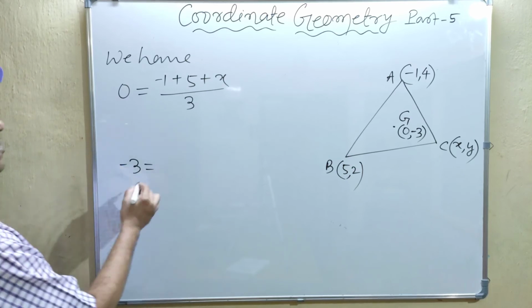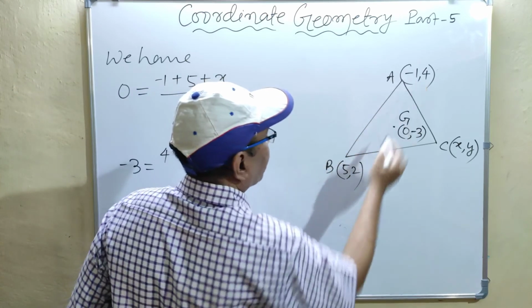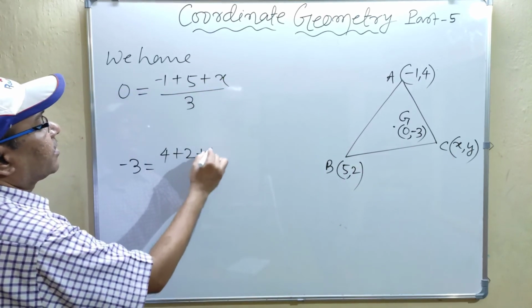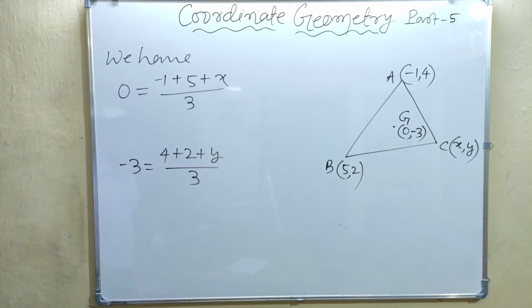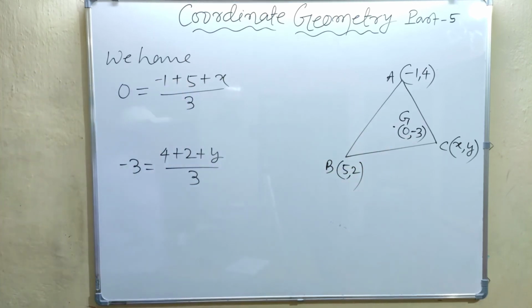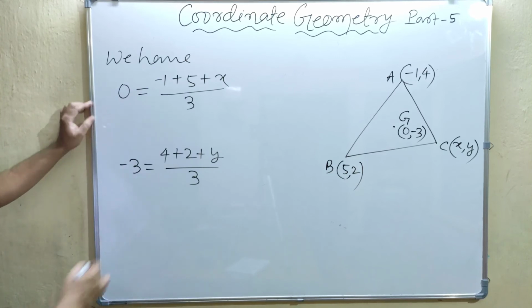This is the x coordinate of the centroid, which is already given as 0. And the y coordinate, the sum of their y coordinates, 4 + 2 + y by 3. This gives you the y coordinate of the centroid, which is already given as -3. Okay, so from here we calculate x, and from here we calculate y.